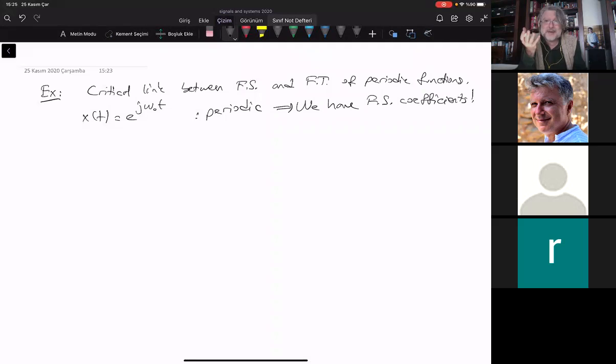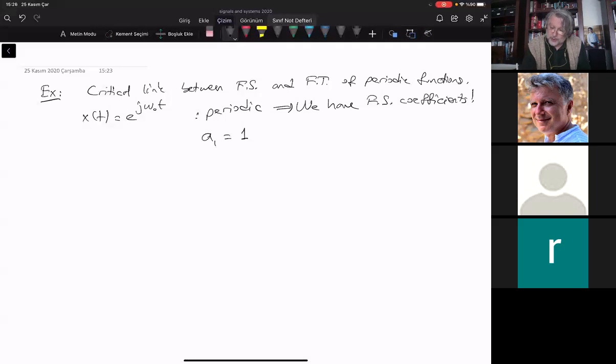It's already in the complex exponential format. And that Fourier series coefficient is a1 equal to 1, because this is 1 times e to the j omega 0 t. What's the fundamental frequency? It is omega 0. And at 1 times omega 0, what's the coefficient of that? It is 1. So a1 is 1. There is only one Fourier series coefficient.